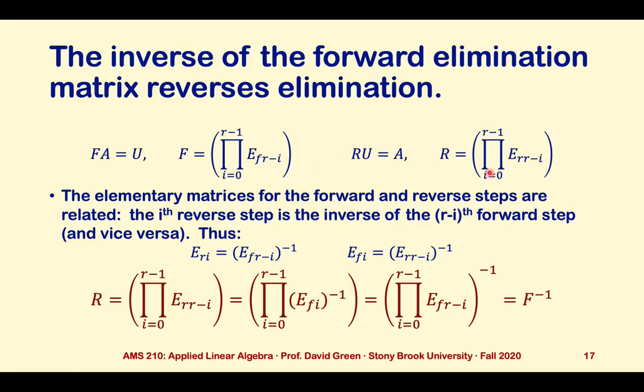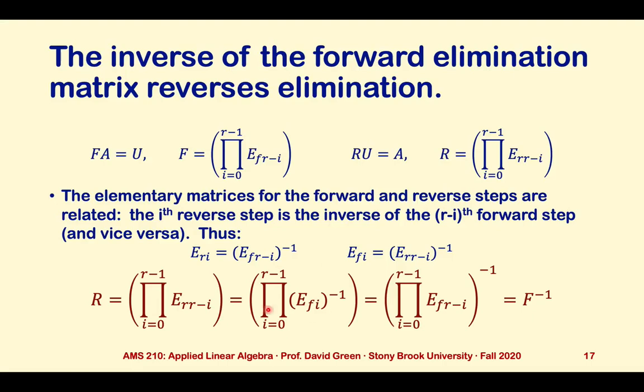So if we now take this product of matrices for R, we see that this product of elementary matrices for the reverse process gets replaced by an inverse of the elementary matrices for the forward process. Noting this swap of order, this product counts backwards, starting at R, and then going to R minus 1, R minus 2, all the way down until 1.